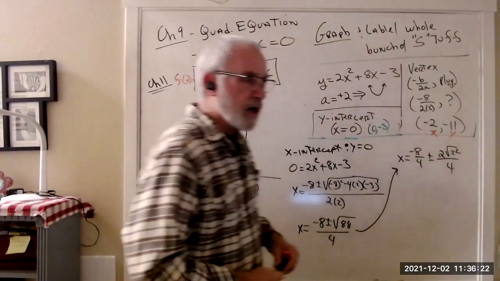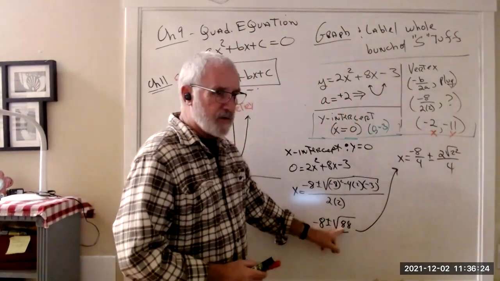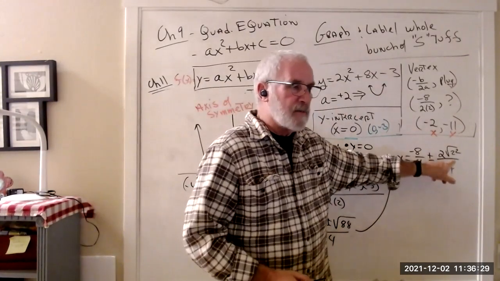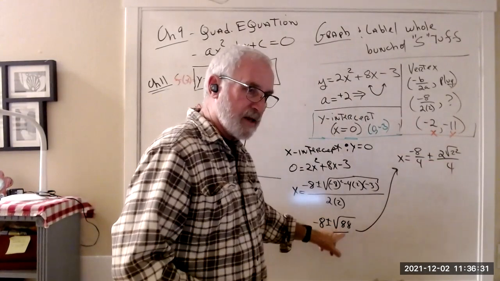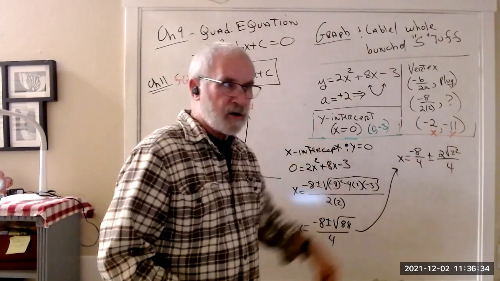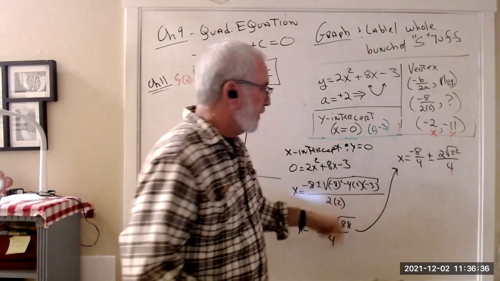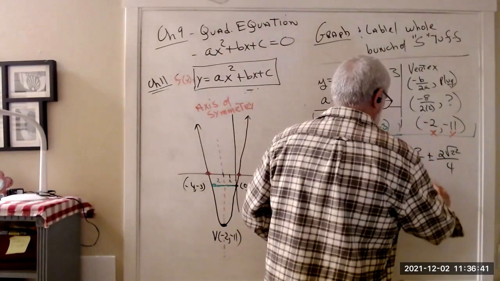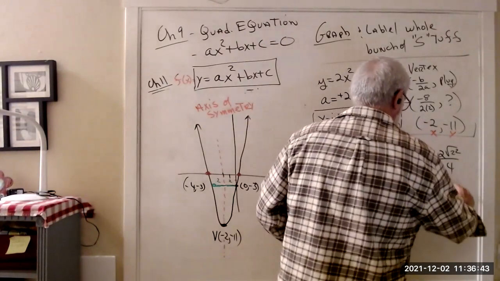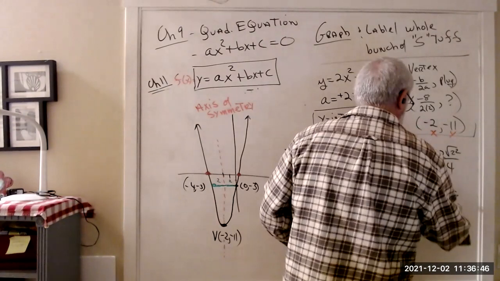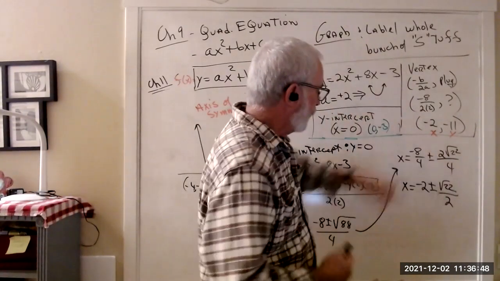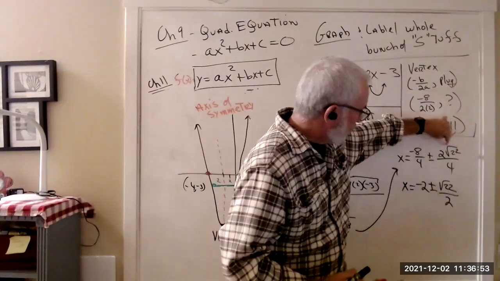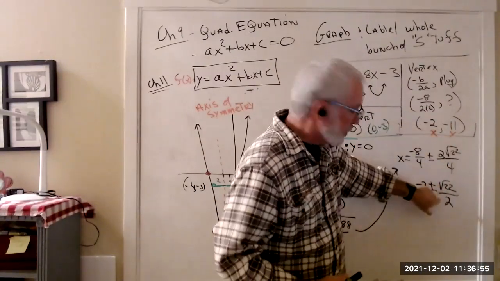That you split it up. Notice you always simplify radicals. That should go without saying. Every time you find a radical, you should try to simplify it. And most of your calculators will do it. If not, divide it by 4. This reduces. -8/4 reduces to -2 plus or minus radical 22. The 2 and the 4 reduce to this.